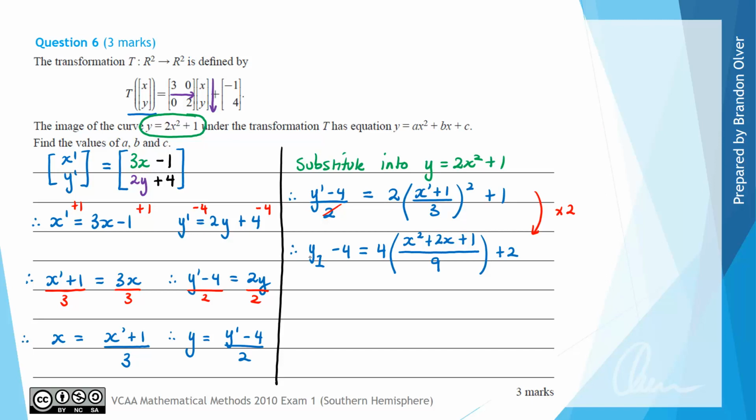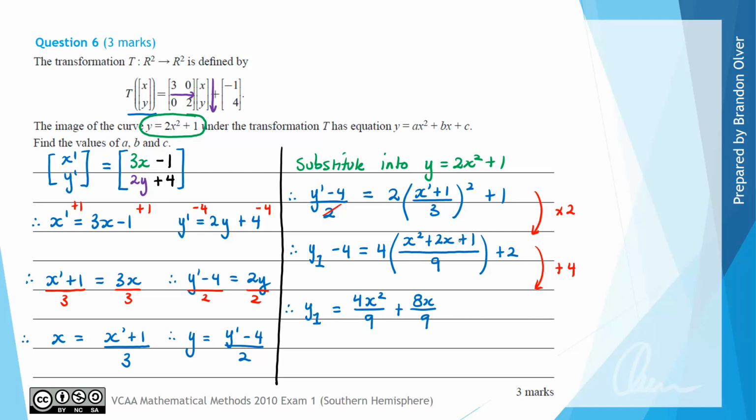So now we just need to do a little bit more algebraic simplification. From here to our next line, I'm going to also add 4 to get y by itself. So therefore, we get y1 is equal to 4x squared over 9, so we're expanding this bracket out. And we get 4 times 2x is 8x, so you get plus 8x over 9.